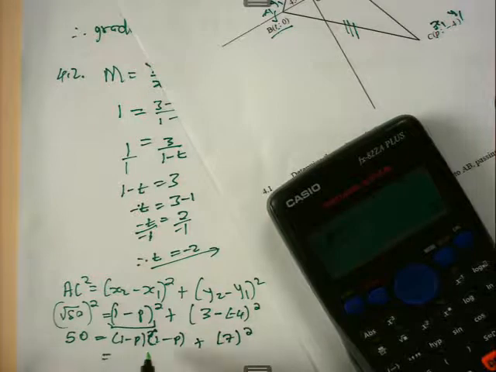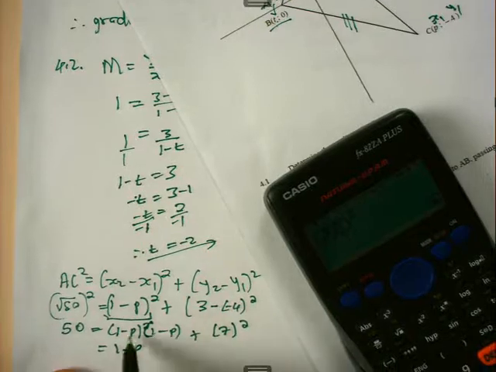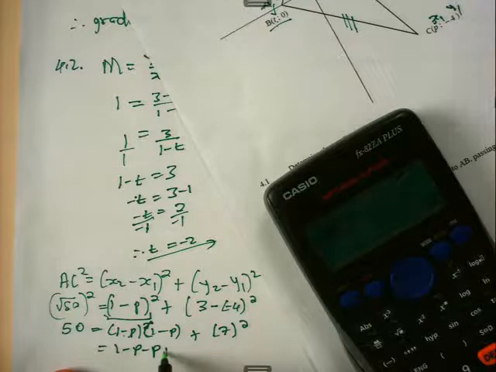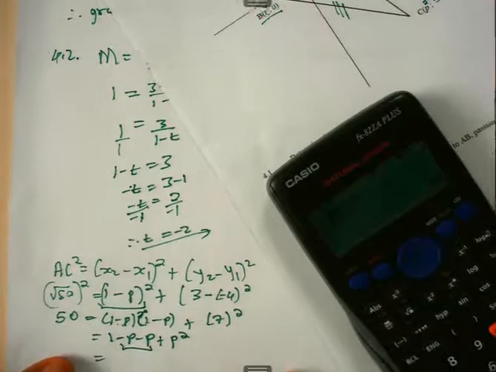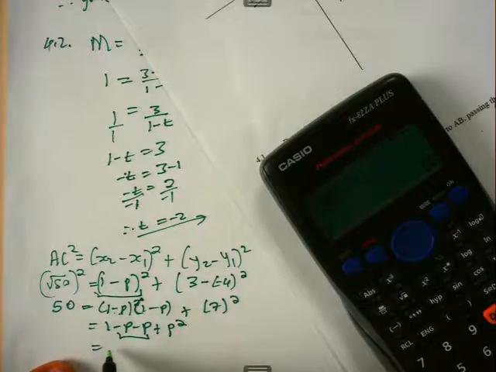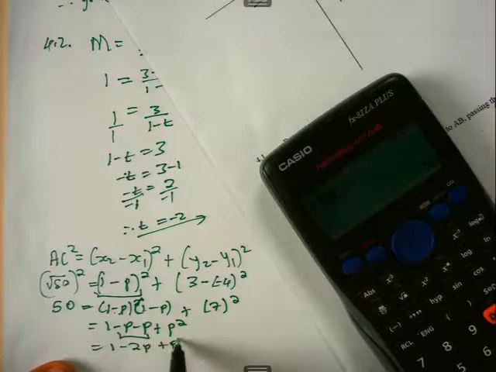When you simplify these brackets, 1 times 1 is 1. 1 times minus p is minus p. And minus p times 1 is minus p. Negative p times negative p, of course, is plus p squared. Now you can see these two are like terms, therefore we end up having 1 minus 2p plus p squared.